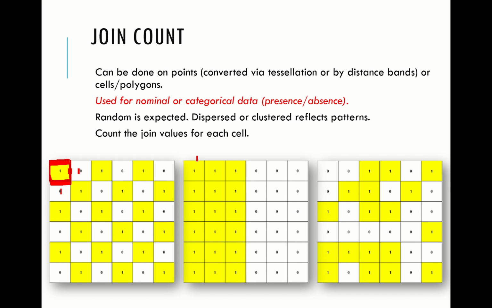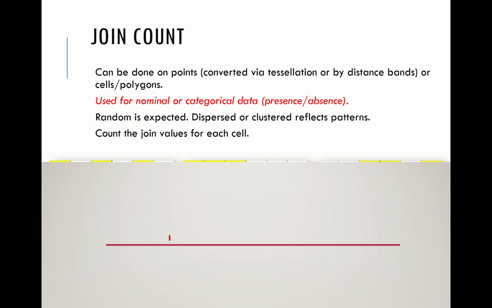So it's analyzing what the value is in one grid cell compared to the other values around it. For this cell right here, you'd be looking at the value in that cell, that cell, that cell, and that cell, so kind of like a rook analysis.